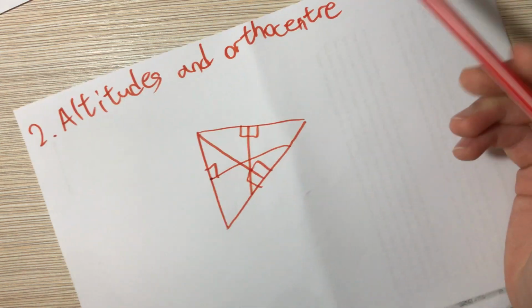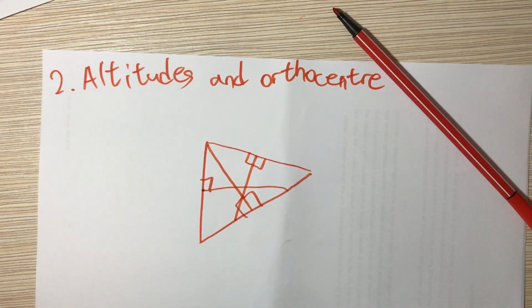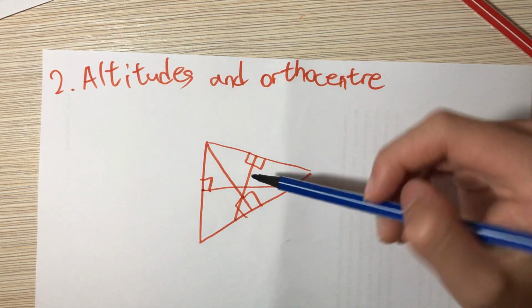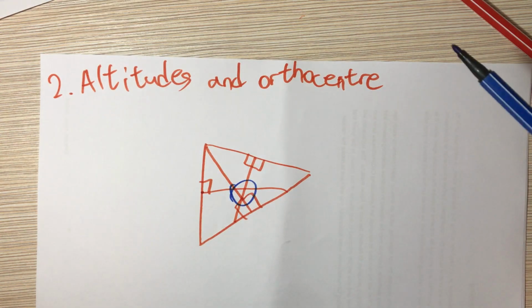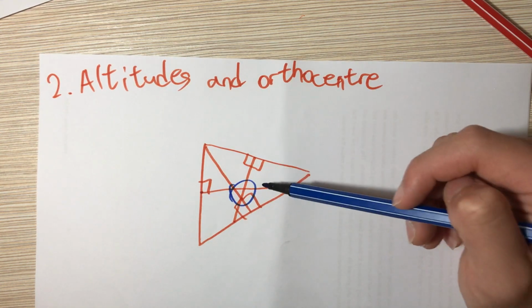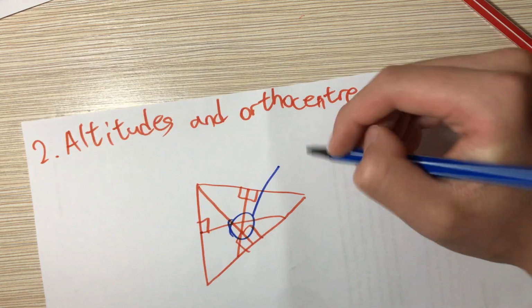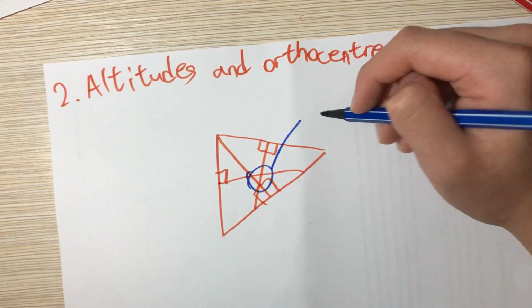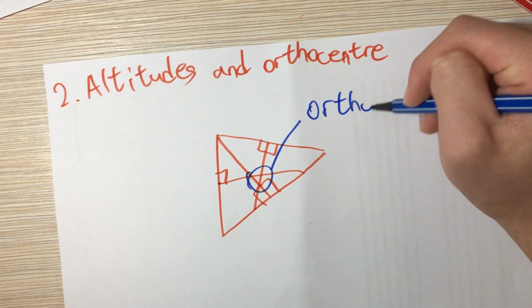Okay, and maybe I draw it badly. Perhaps they should intersect closer, and then the intersection is the so-called orthocenter.